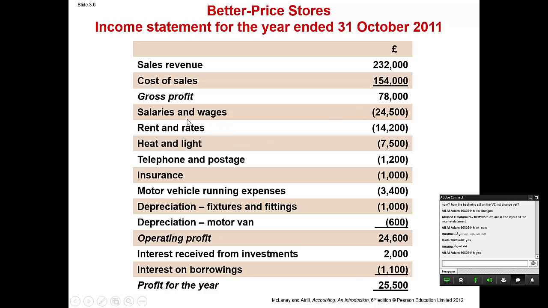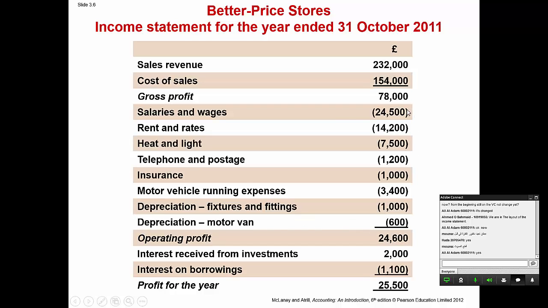Okay, we have some operating expenses like salaries and wages, 24,500, rent and rates, 14,200, and heat and light, for example the shop's heat and light, 7,500, telephone and postage 1,200, insurance 1,000, and motor vehicle running expenses 3,400, depreciation 1,000, and depreciation also 600.